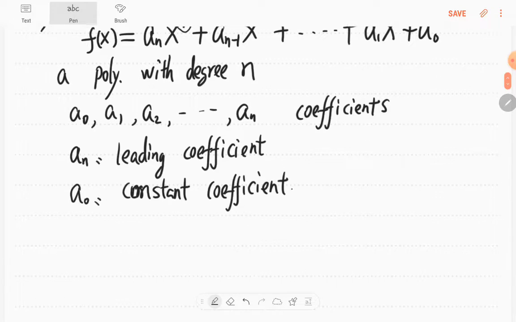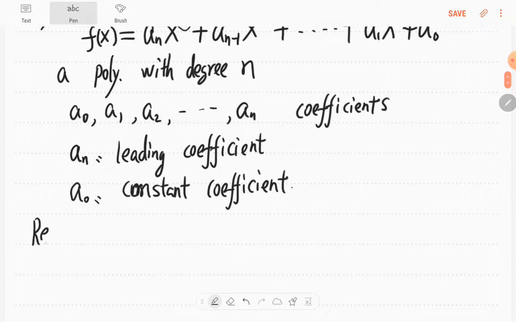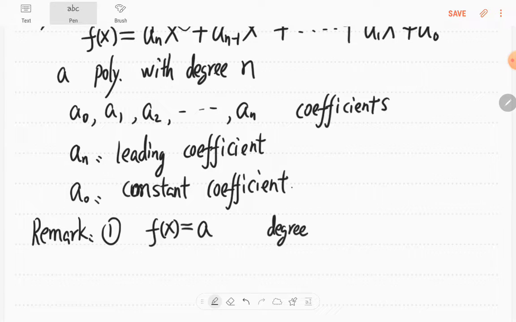Okay, so now let's look at some remarks for this definition. The first one, if you have a constant function, this represents a horizontal line, right? Which is actually a polynomial with degree 0, since x to the 0 is equal to 1.